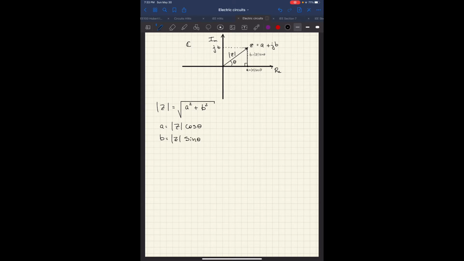So yet another way that I can represent my complex number z, instead of writing it as a plus jb, I can write a as magnitude z cos theta plus j magnitude z sine theta.